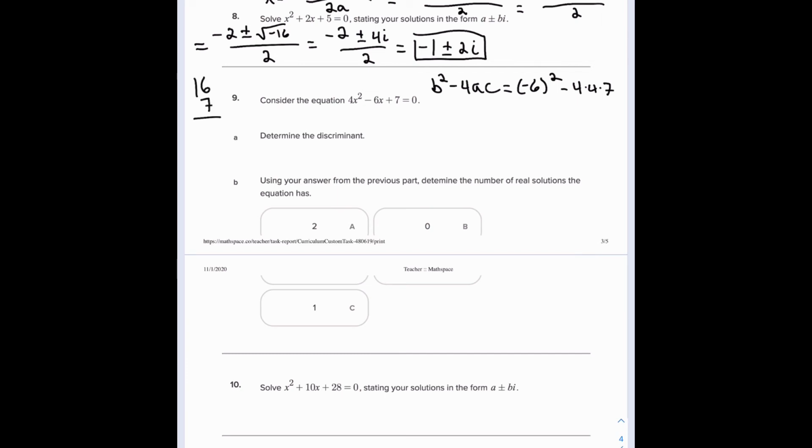We can do some quick multiplication. 6 times 7 is 42 plus 70. This will give us 112. So we have 36 minus 112, which will give us negative 76. And that's our discriminant.